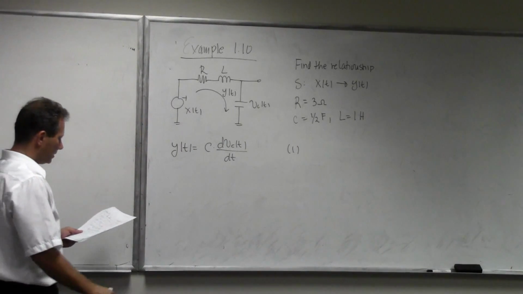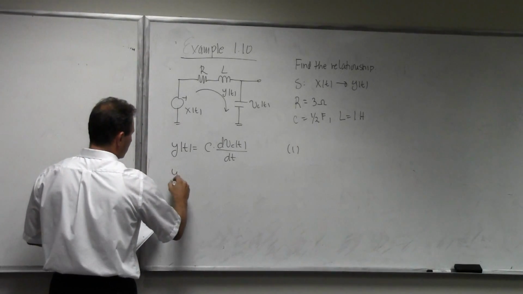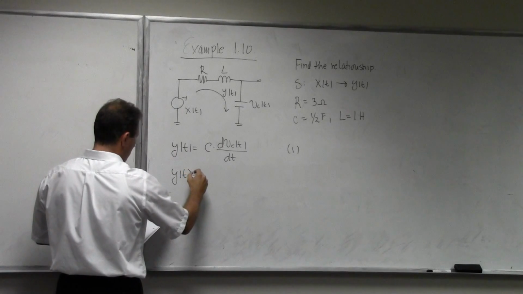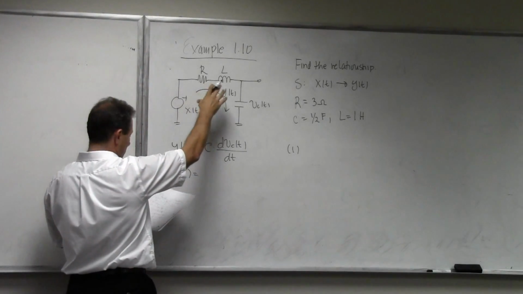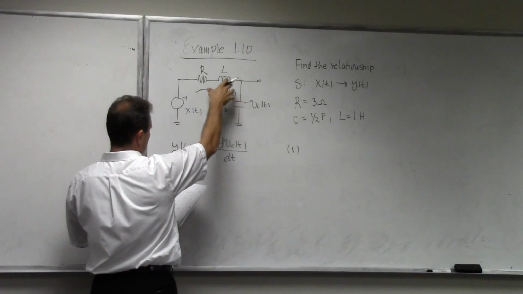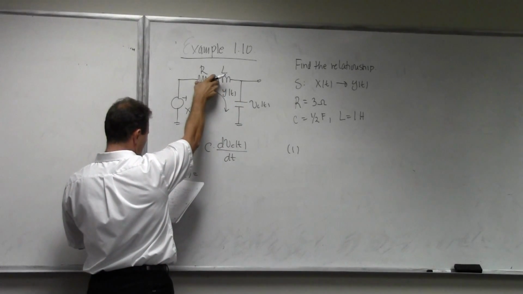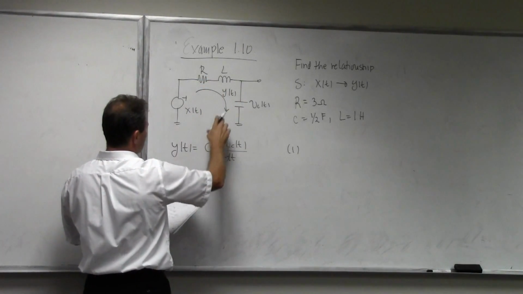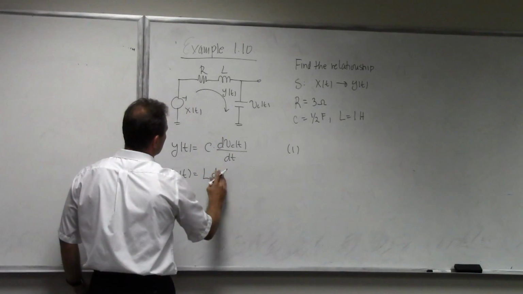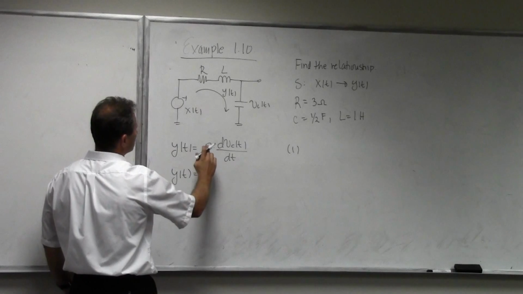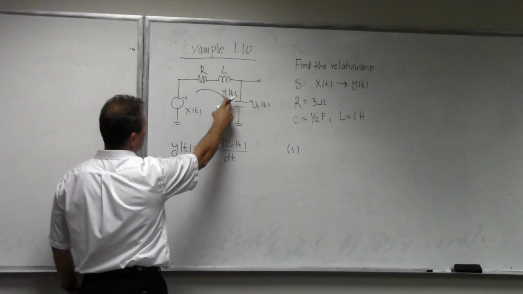The second equation that we have, I can say that y of t is equal to x of t minus the voltage drop here. Well, let me say it like this. y of t is the current here.